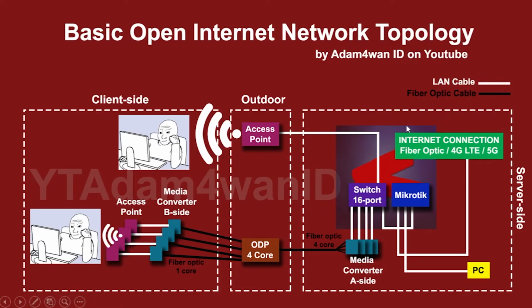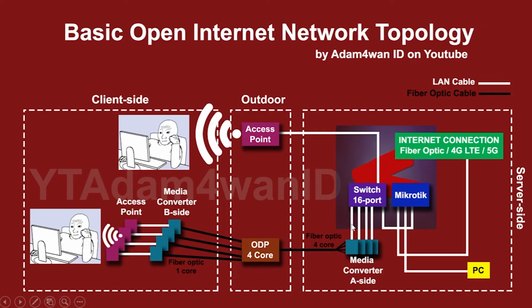But if your client location is above 80 meters, you can use fiber optic cables, because fiber optic cables are very overpowered. You can use fiber optic cable up to 20 kilometers and it's still connected, right? In this example I will use 4-core fiber optic, around 150 meters, right?